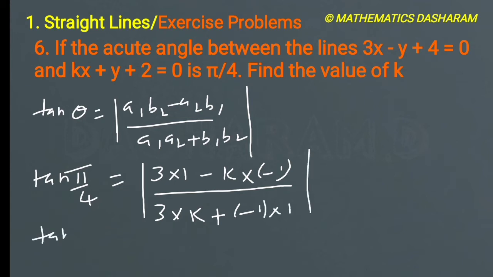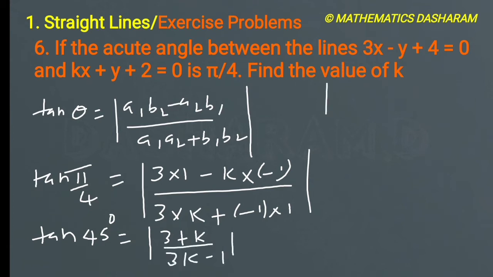So tan pi by 4, that is 45 degrees, equals (3 into 1 = 3, plus k) divided by (3k - 1). Now tan 45 is exactly 1.